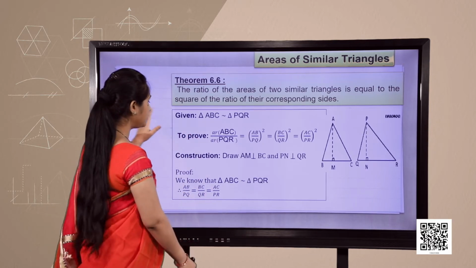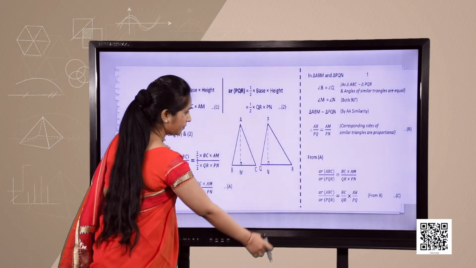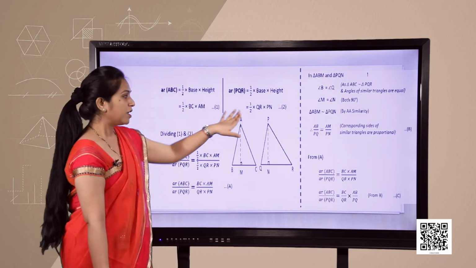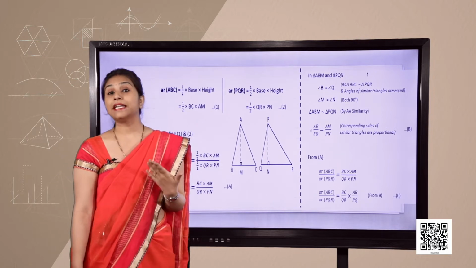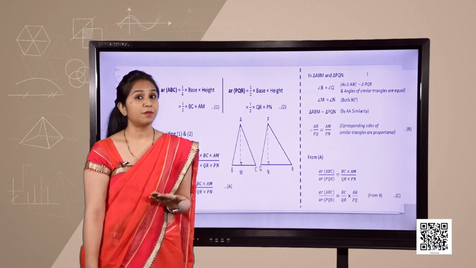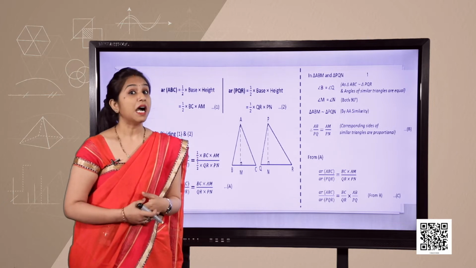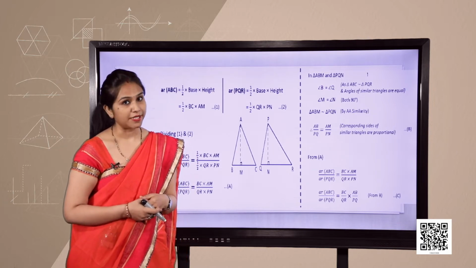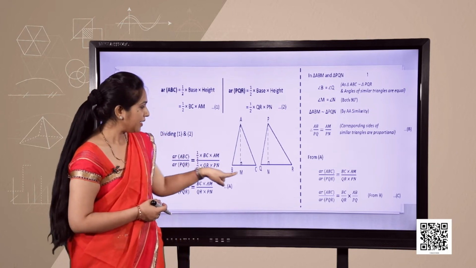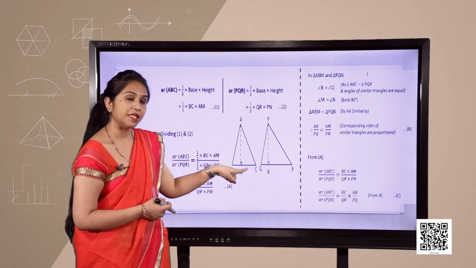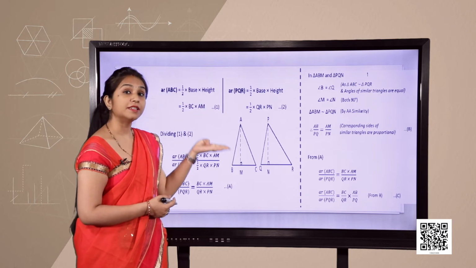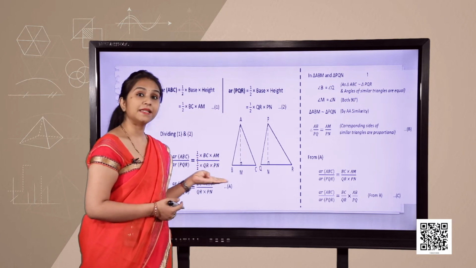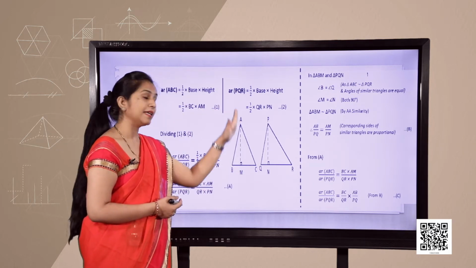Now let us move to the next step. Here, again see the diagram. First, how will you calculate the area of a triangle? What is the formula for the area of a triangle? It is half into base into height. So, to calculate the area of triangle ABC, write the formula half into base into height. For this triangle, you can see the base is BC and the height is AM.